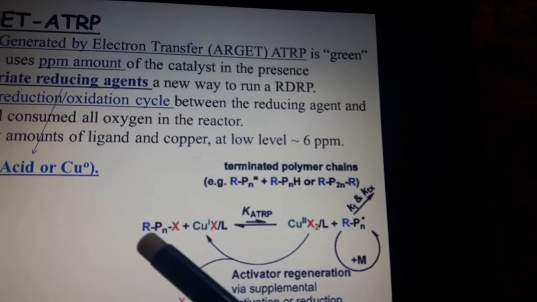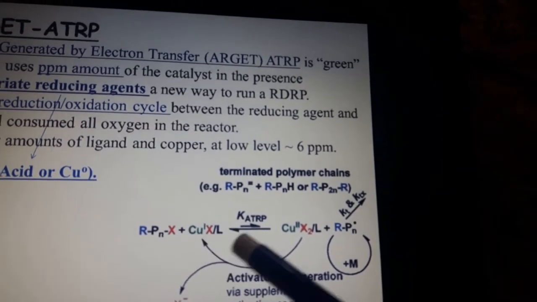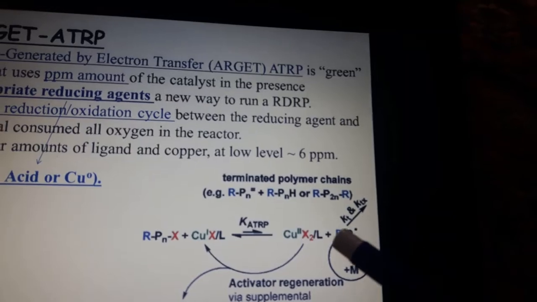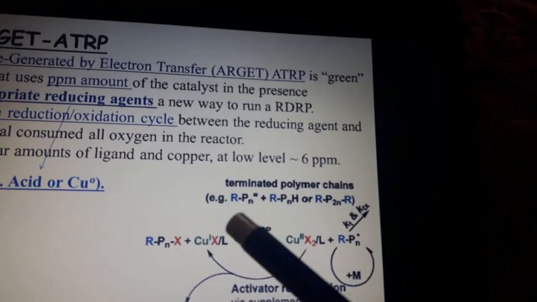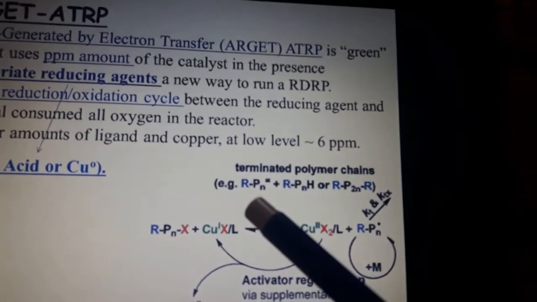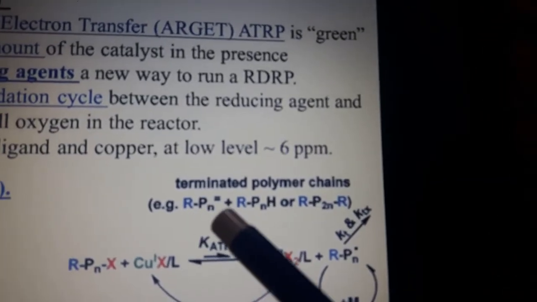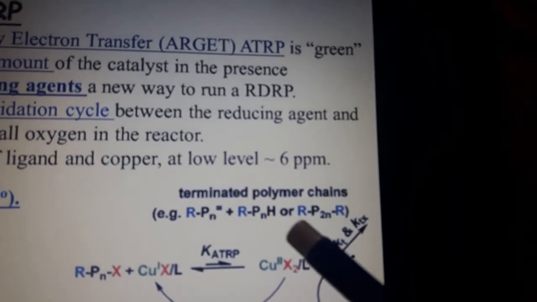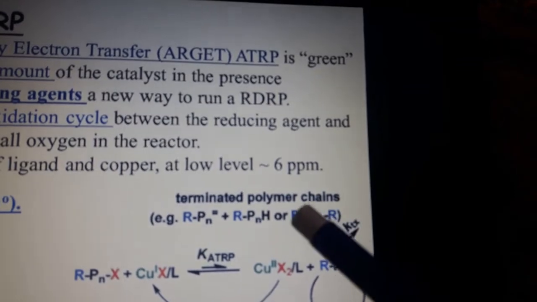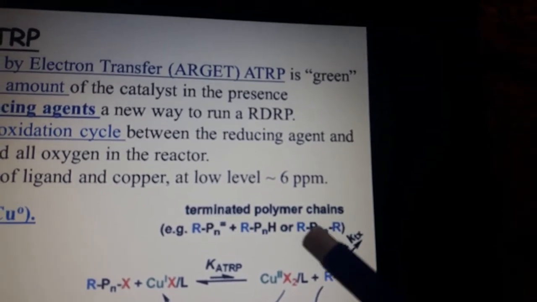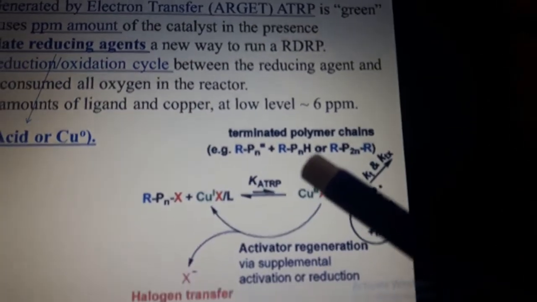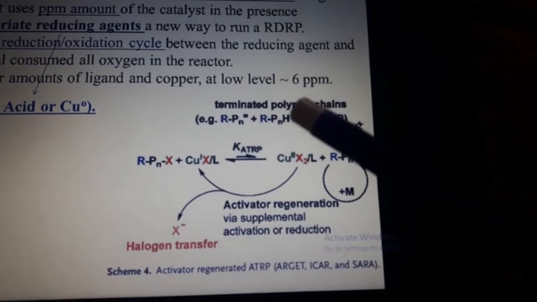This activator carries out the polymerization by producing this free radical. The terminated polymer chain either consists of a double bond, or it is reduced, or it is some kind of addition termination reaction. So the polymer is produced by the termination reaction.